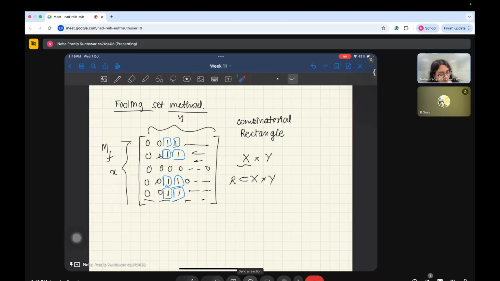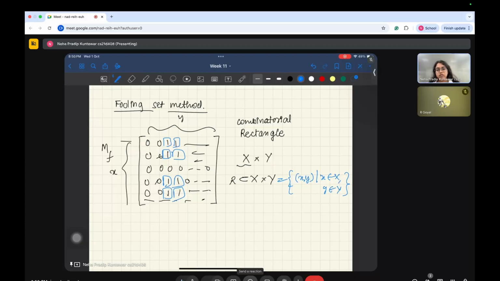No. One element of X cross Y would be something like this. So this is basically the set of all possible (x, y), x in X, y in Y. Oh, okay, all right, fine.